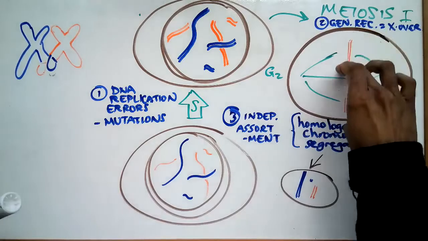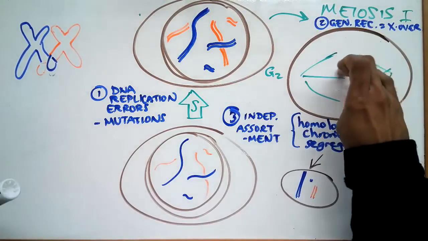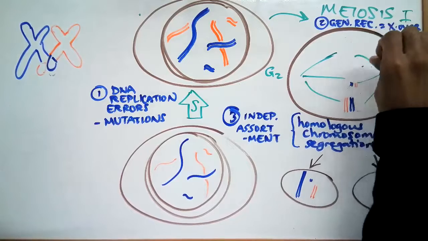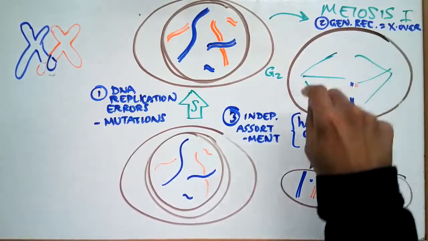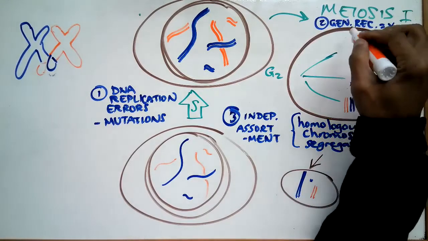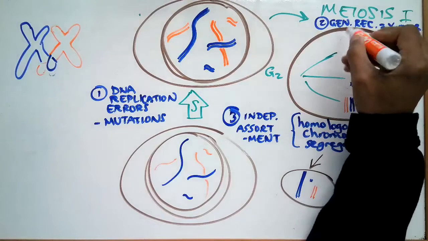Big picture on this. You might think you're passing on the chromosomes you got from your mom and your dad, right? You might think, oh, I can pass on chromosome 1, which I just erased, the one that I got from my biological mom. I can pass that on to my kids. Or I can pass on the chromosome 1 I got from my biological dad. And that's just not true.